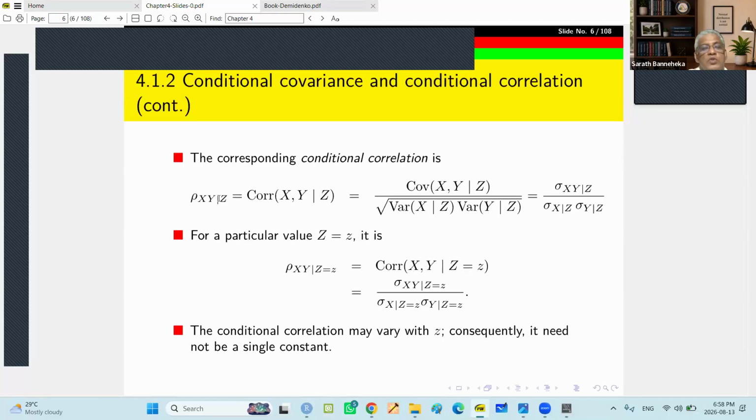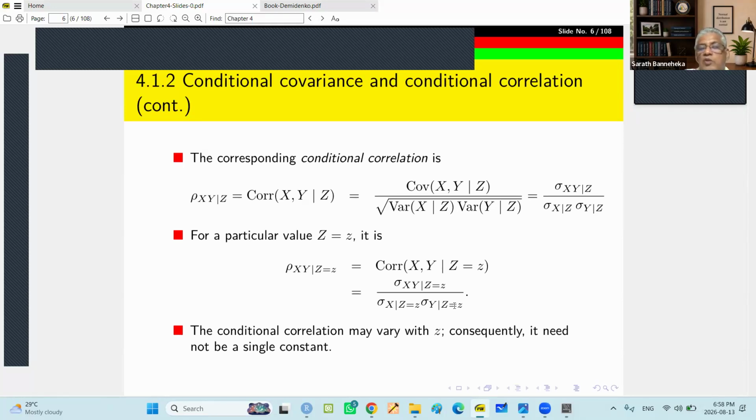So for a particular value, capital Z equal to simple z, that is when this particular event has happened, this correlation will be rho xy given Z equal to simple z, which will be given by sigma xy given Z equal to simple z divided by the standard deviation of x given Z equal to simple z and the standard deviation of y given Z equal to simple z.